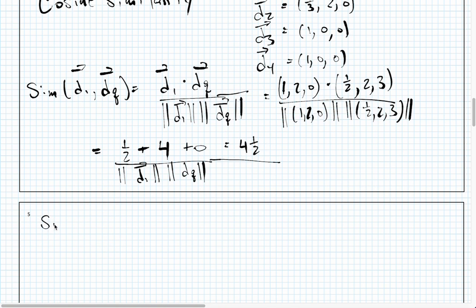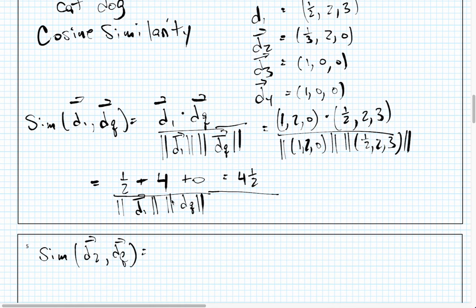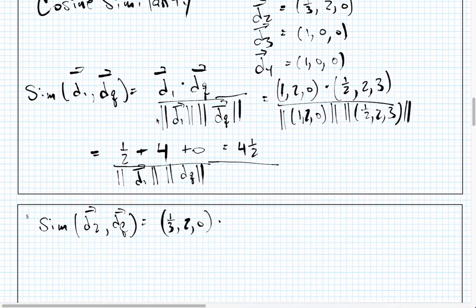If I want to do the similarity between D2 and DQ, that is going to equal, okay, D2 is 1/3, 2, 0 dot DQ, we said DQ is 1, 2, 0.